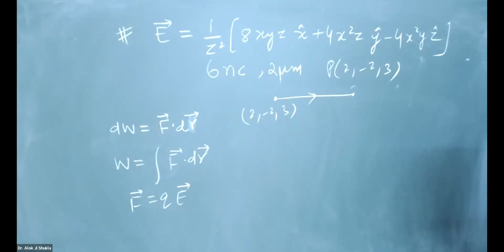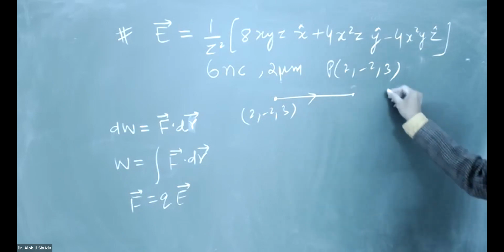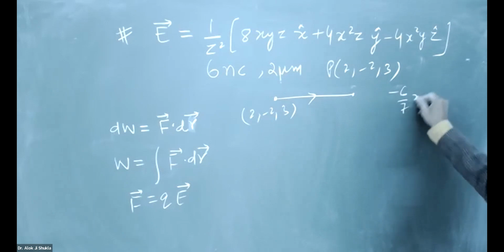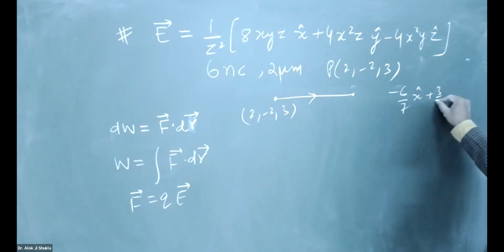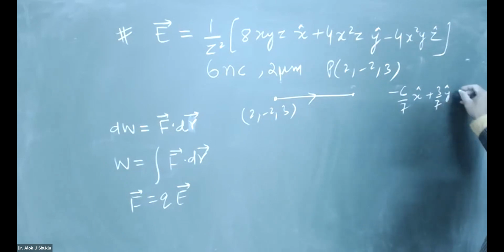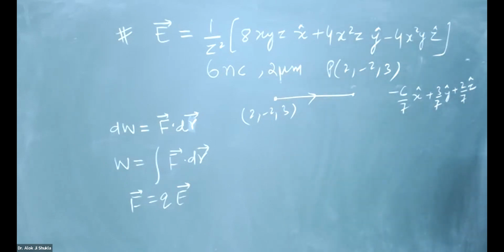What was dl? Minus 6 by 7 x cap plus 3 by 7 y cap plus 2 by 7 z cap. This was a unit vector, right?